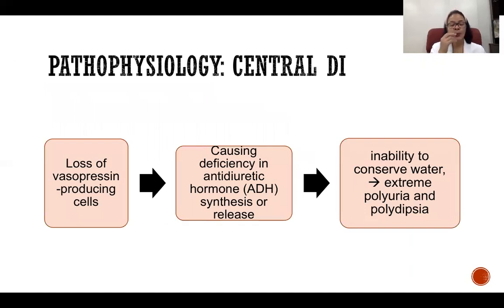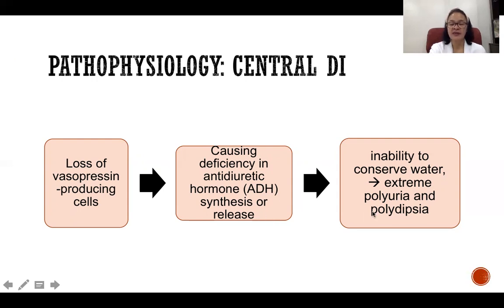So what could be the reason, no? What could be the reason or the mechanism, no, for your central diabetes insipidus? So with central, we have this loss of your vasopressin producing cells, okay? And this causes deficiency in your ADH synthesis or even the release.